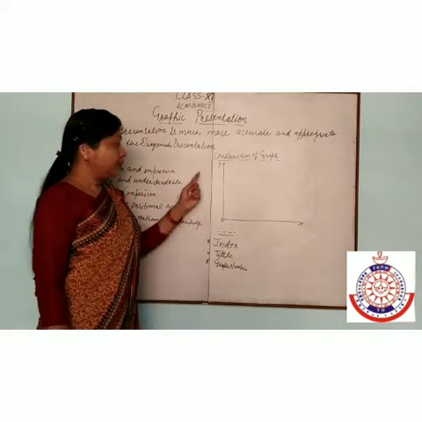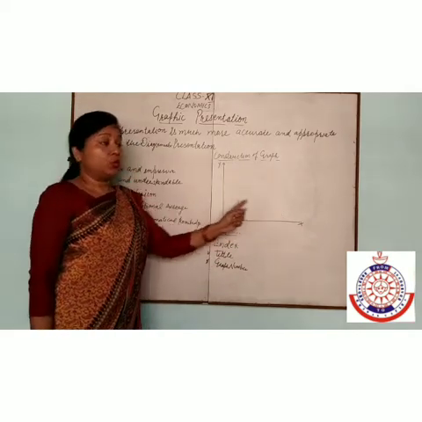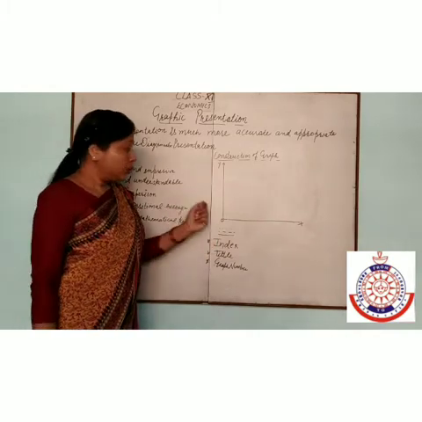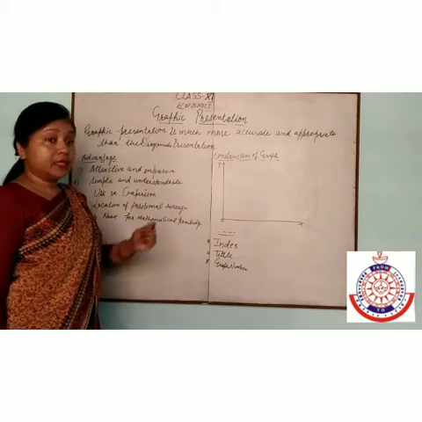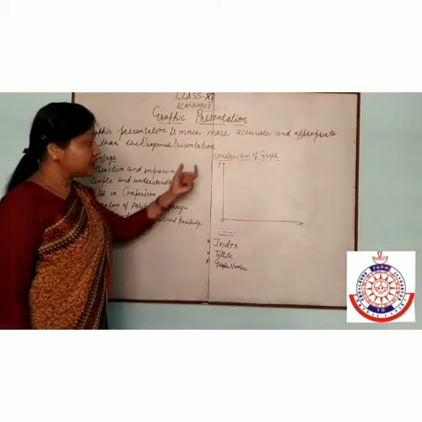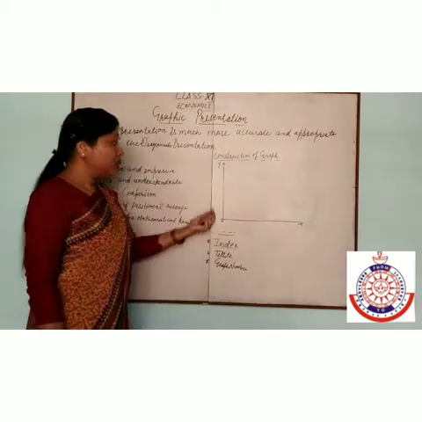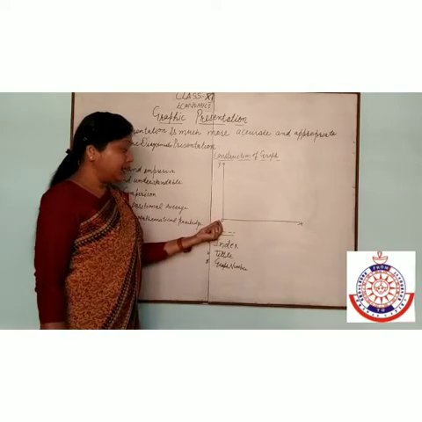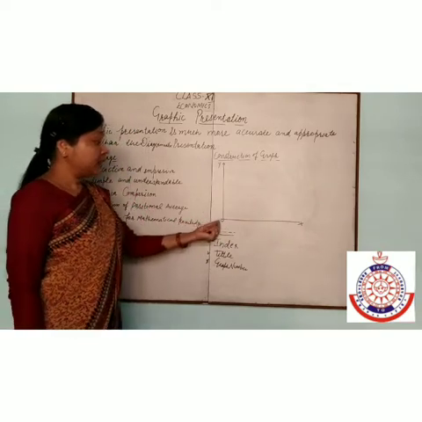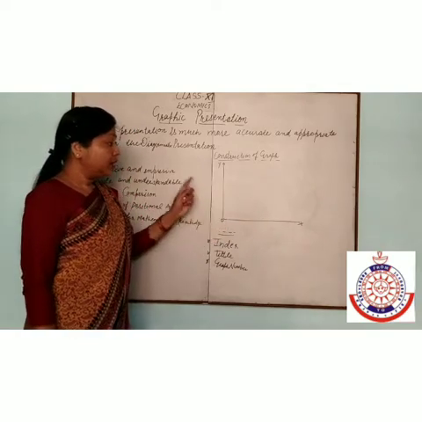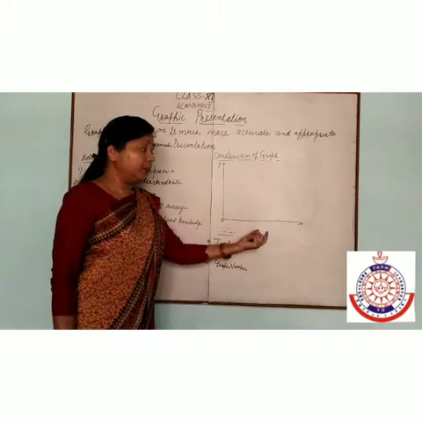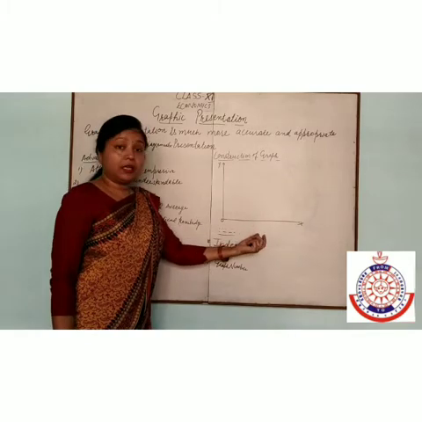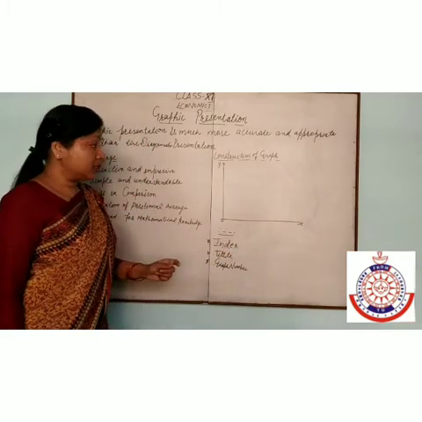In the first step, we take two lines, OX and OY. In the second step, OX is a horizontal line and OY is a vertical line. In the third step, where both lines meet at a 90-degree angle, that is the origin. The dependent variable we take on the OY axis, and the independent variable on the OX axis.